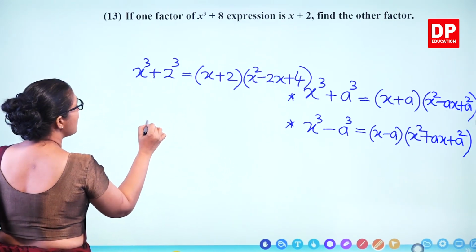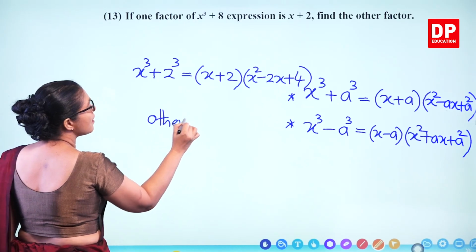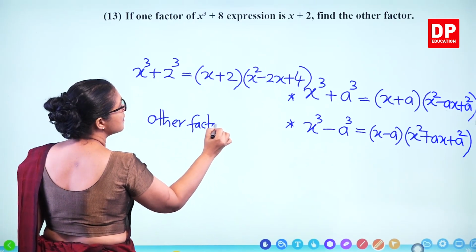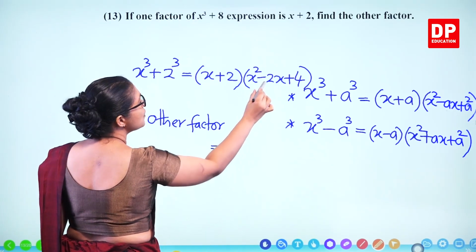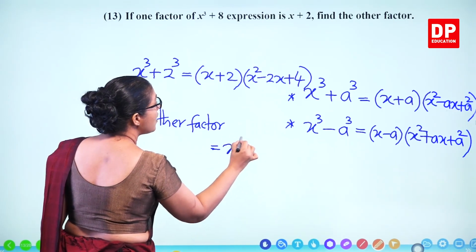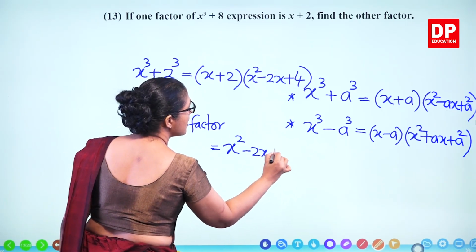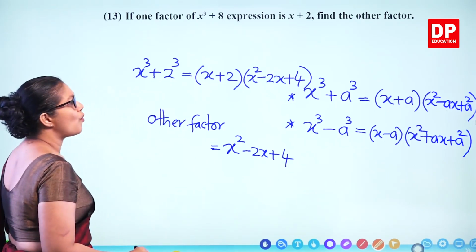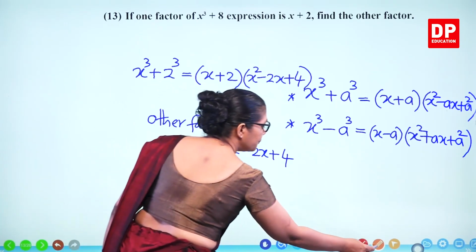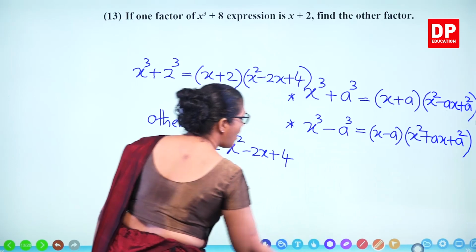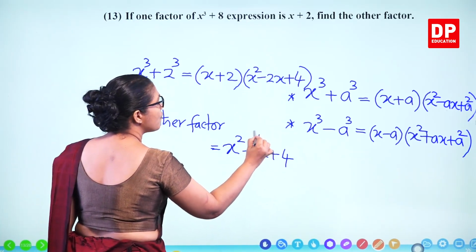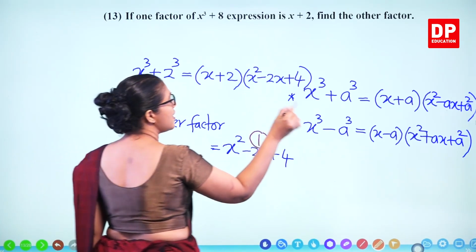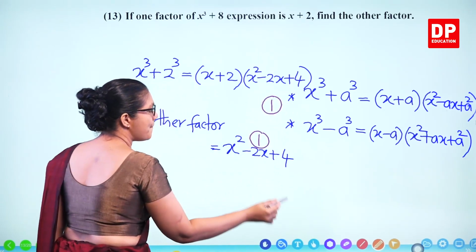So what's the other factor? The other factor is this one: x squared minus 2x plus 4. So 2 marks, 1 mark for the correct answer and 1 mark for the method.